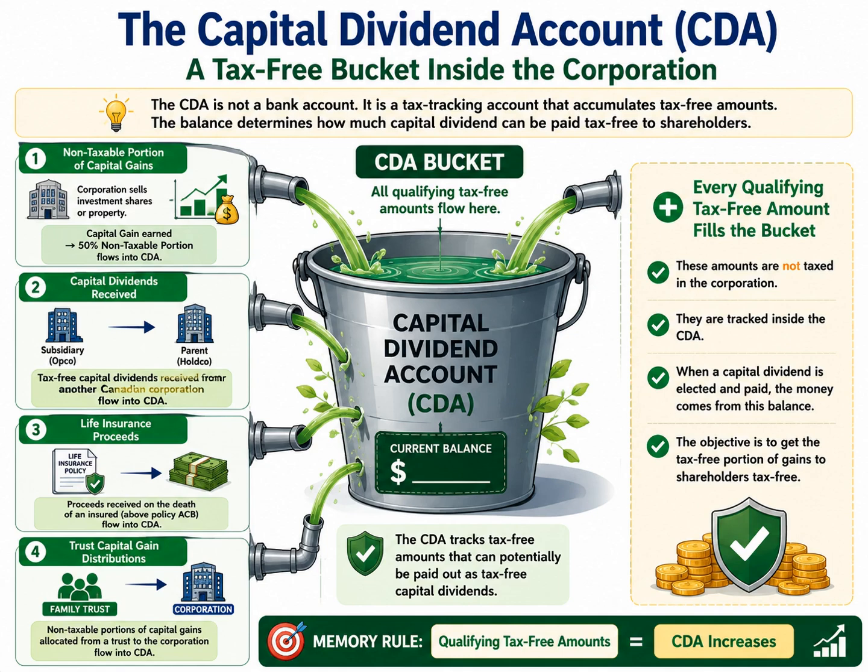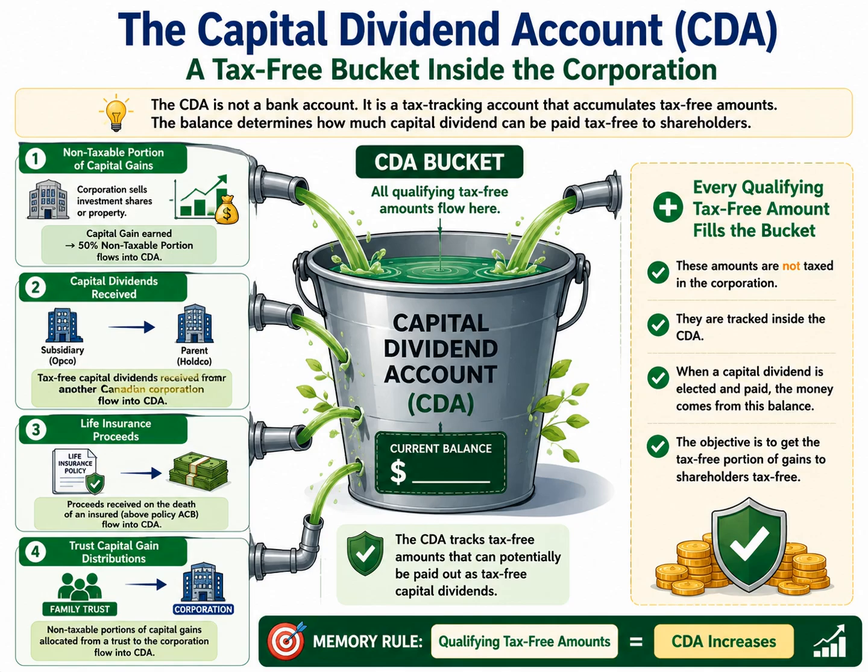For example, when a corporation earns a capital gain, only part of that gain is taxable. The non-taxable portion is added to the CDA and becomes available for future tax-free distribution. Another important source is capital dividends received from other corporations.